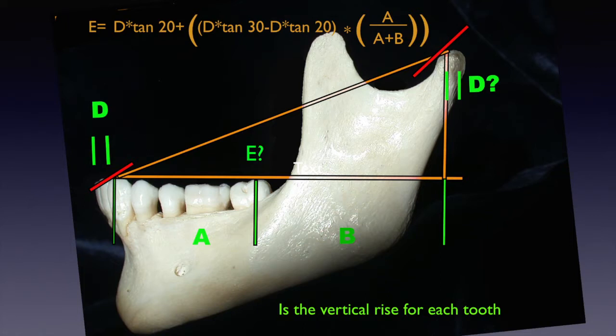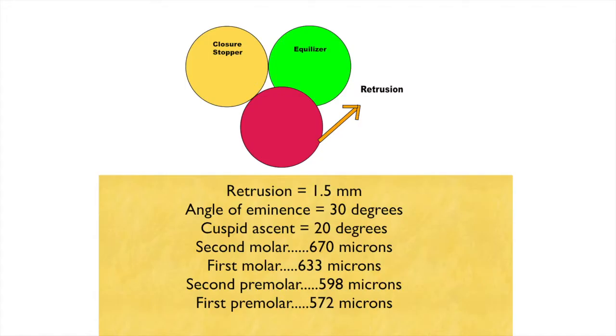This is because the plane of occlusion is now rising both in front and in back. With this geometry model, the retrusion amount remains the same at 1.5 millimeters. The angle of the eminence remains the same at 30 degrees, but we now have a cuspid ascent at 20 degrees.